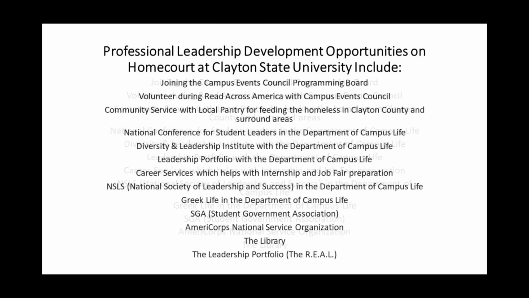And then there's also the leadership portfolio that Dr. Royal Baxter was very instrumental in having students at Clayton State put together.